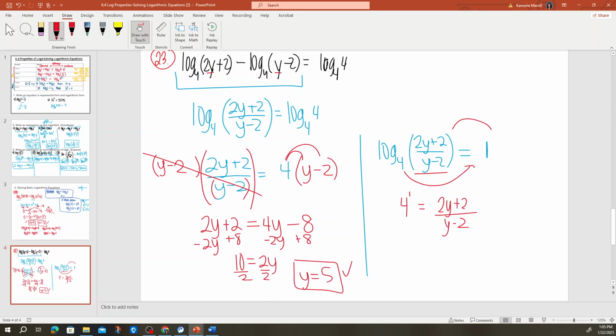What do you guys notice that matches identically? The exact same thing. So as long as you're doing a lot of properties, you are fine, and you eventually circle back to the same place. Okay? So don't be thrown off to being like, oh, what if I realized that was a 1? Great. You now know how to solve when it's not 2 logs. Okay? But we'll get back to that.